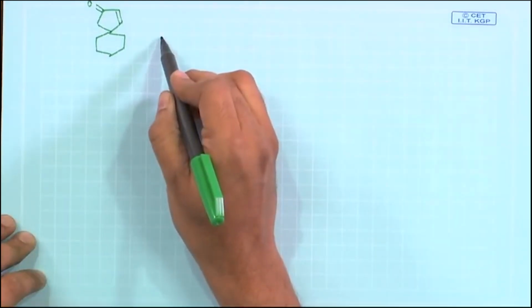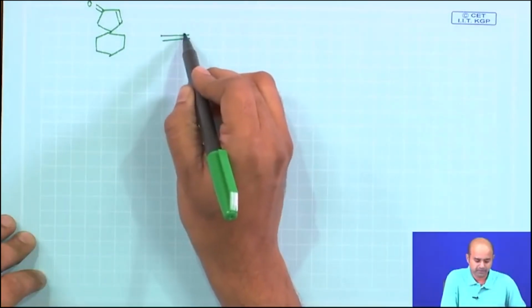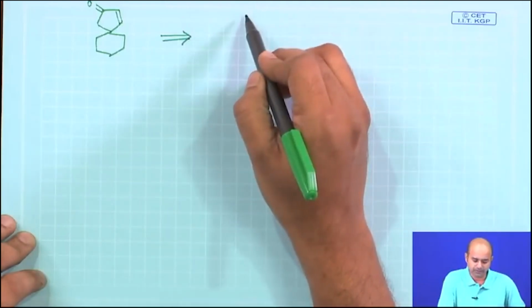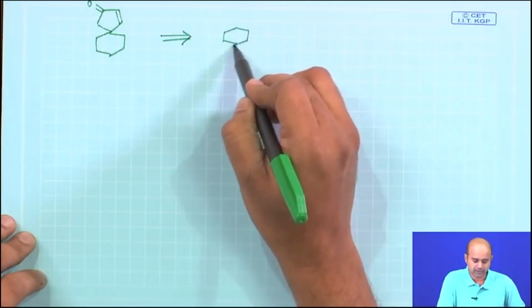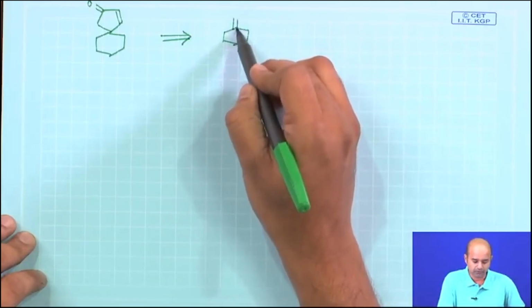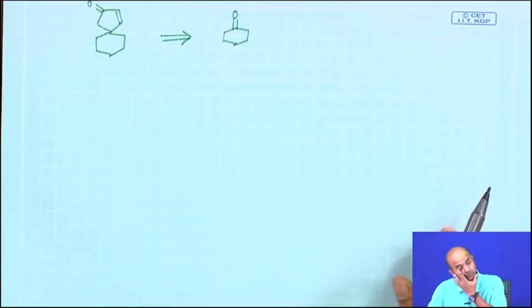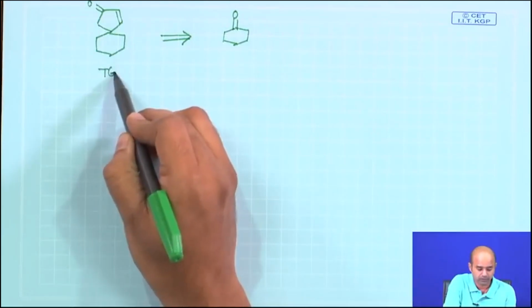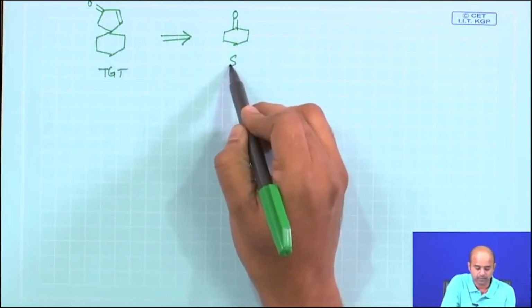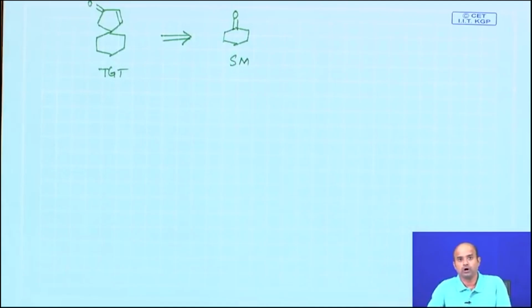For the sake of simplicity here, discussing the transformation based approach is fine, but for your better understanding I have given you the starting material also. I said you have to make this molecule starting from a cyclohexanone. So, this is your target molecule and your starting material. As I said, all the 3 strategies, transformation based, functional group based and starting material based, can be combined together. Let us see how it works.